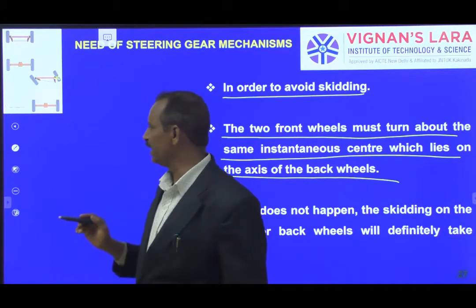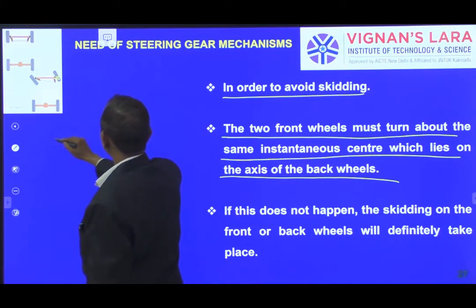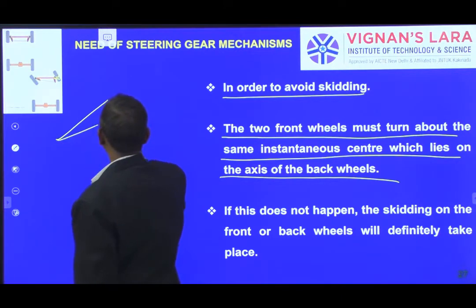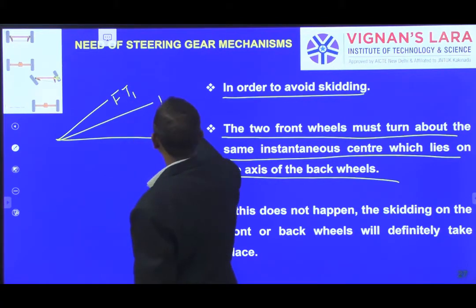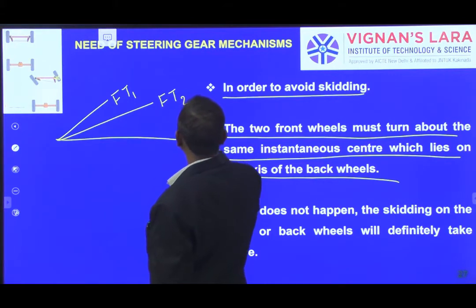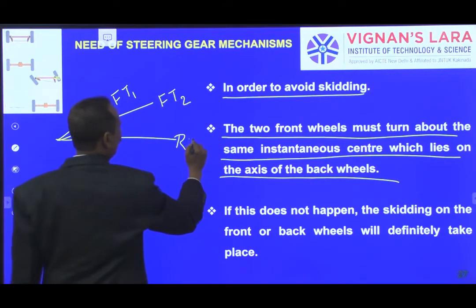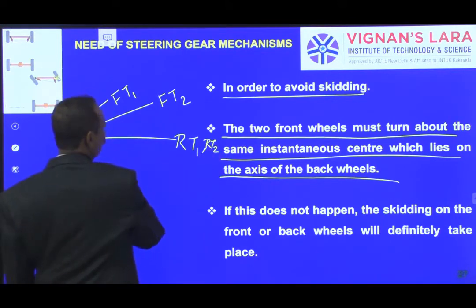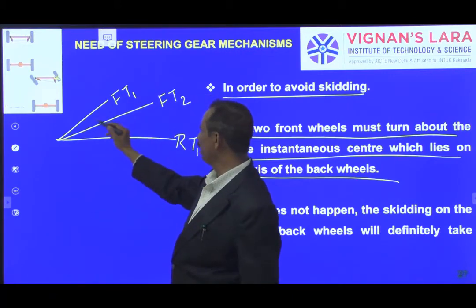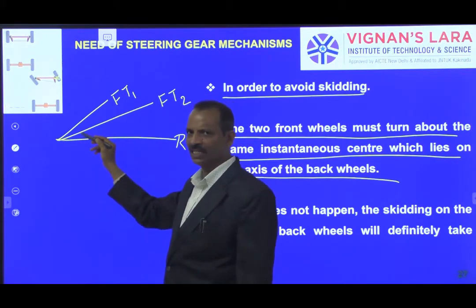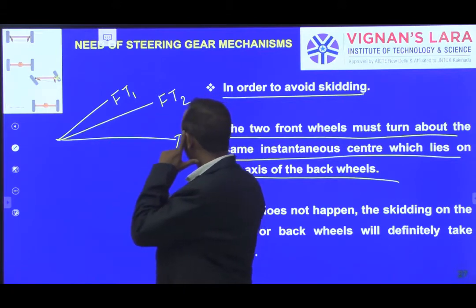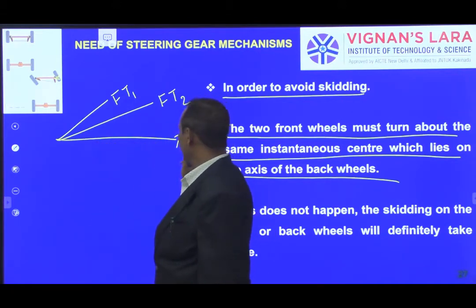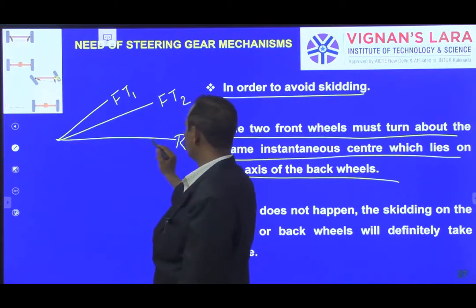So all these three lines, that is line 1, line 2, line 3. This is front wheel tire 1, this is front wheel tire 2, this is rear wheel tire 1 and rear wheel tire 2. So front wheel tire 1, front wheel tire 2, the axle I am talking about, front wheel axle, okay, and rear tire axle 1 and 2.